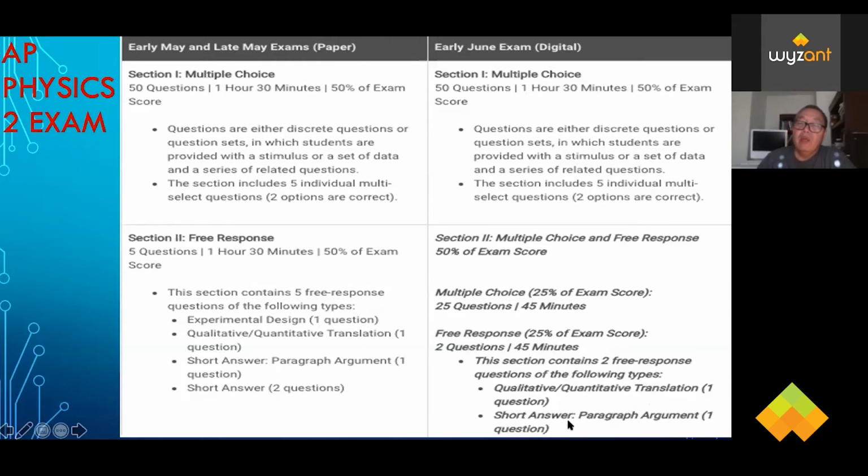So then you can think, if you are really good at solving multiple choice problems, probably the digital test is more suited for you, okay? If you can show your work and solve the free response problems better, maybe the paper test is more suitable for you, okay?